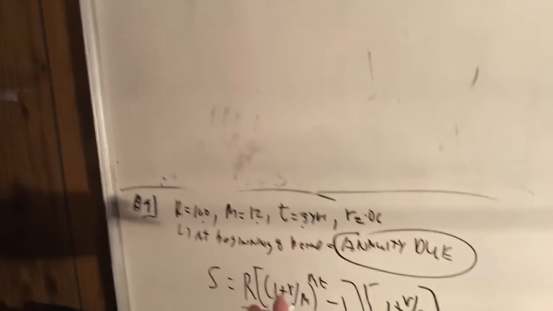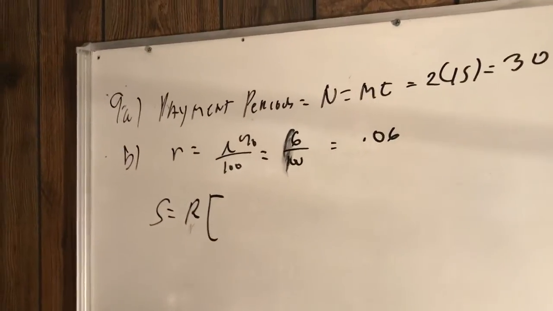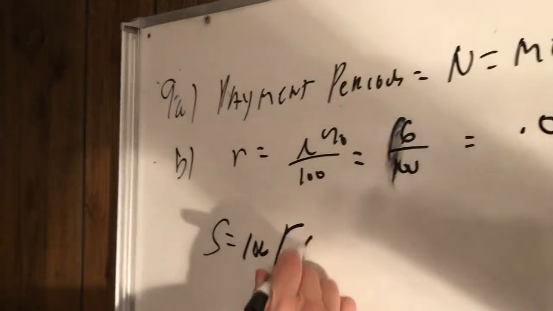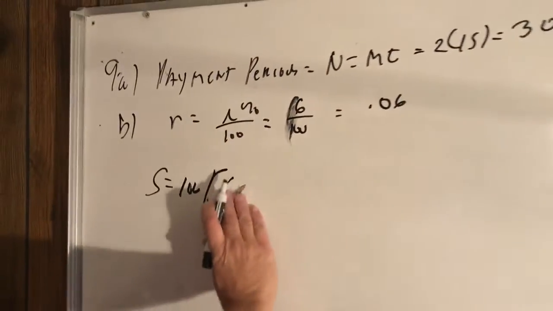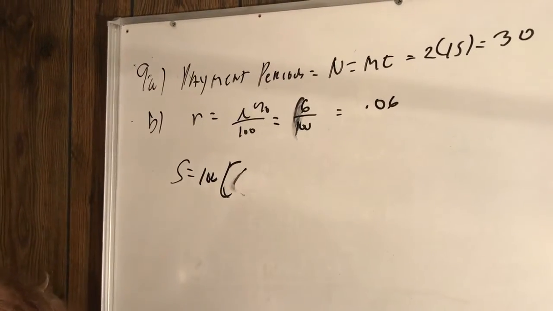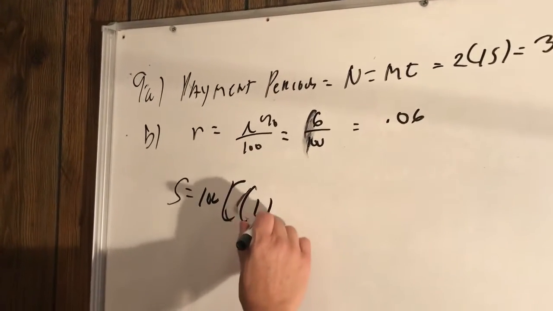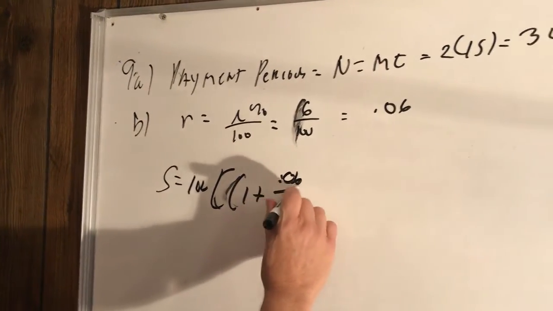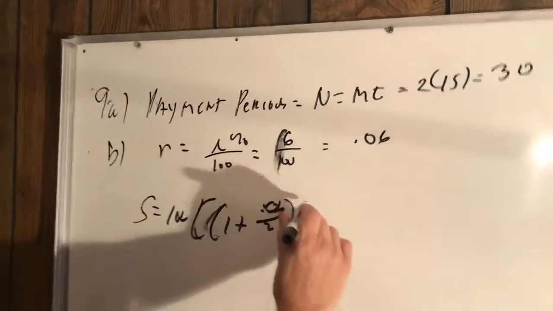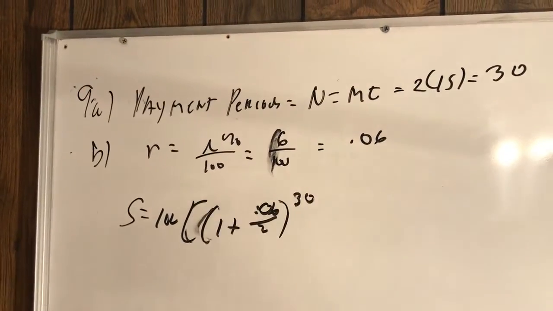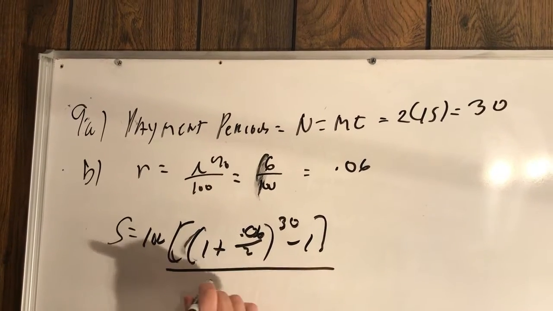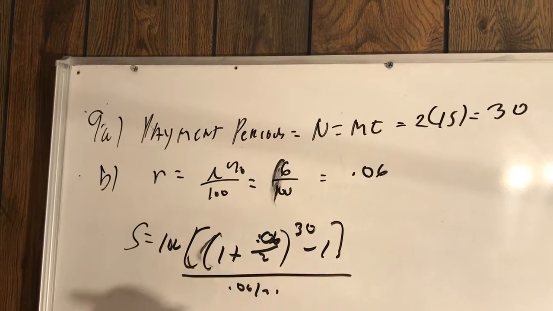So let's put what we want in here. So what are we trying to find? We're trying to find S. So this is 100. Okay. So it's going to be 1 plus 0.06 over 2 raised to the 30, MT, minus 1 divided by 0.06 over 2.